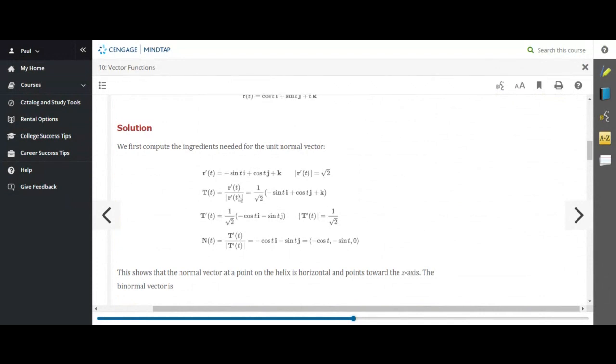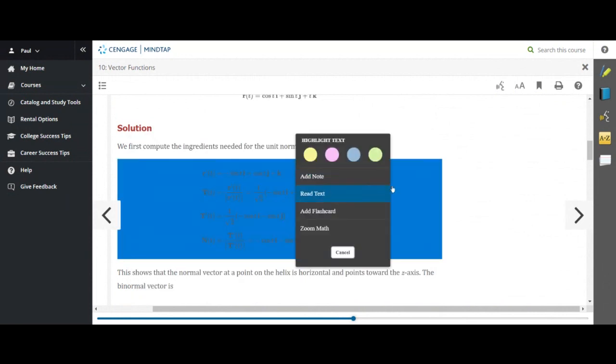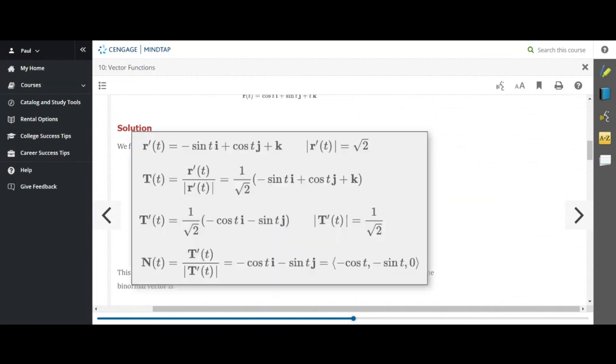Example 6 and example 7 go together. But to get the normal plane, what vector is perpendicular to the normal plane? Would it be the unit tangent vector, the unit normal vector, or the unit binormal vector? What vector is perpendicular to the normal plane?